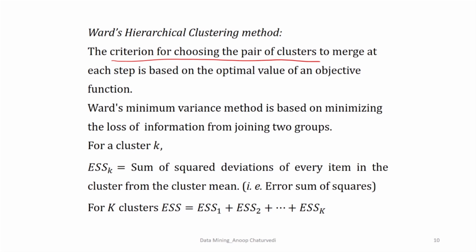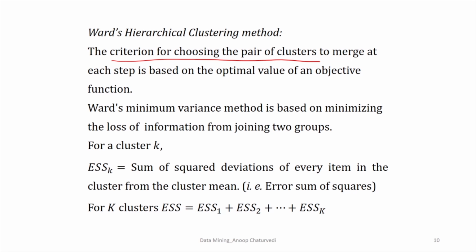So, whenever we merge two clusters or two groups, there is some loss of information, and we measure that loss of information using the sum of squared deviations of every item in the cluster from the cluster mean, and then we try to minimize the sum of squared deviations.